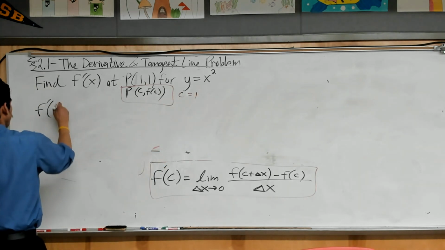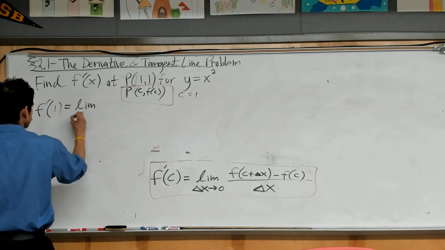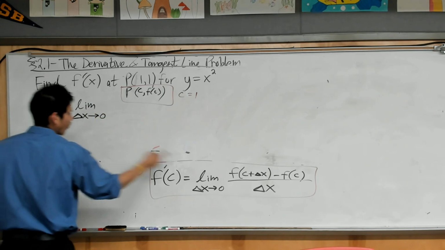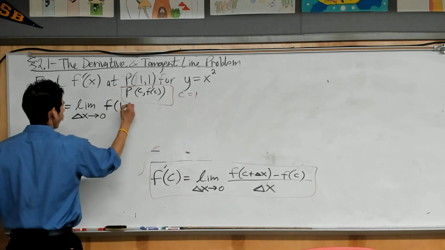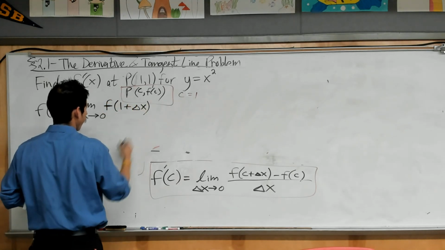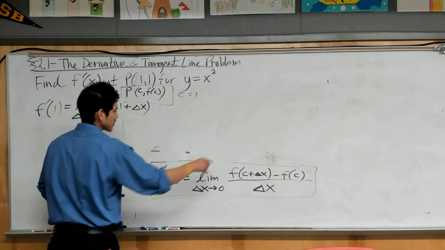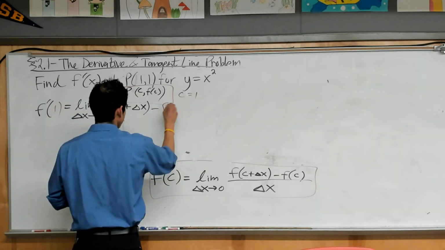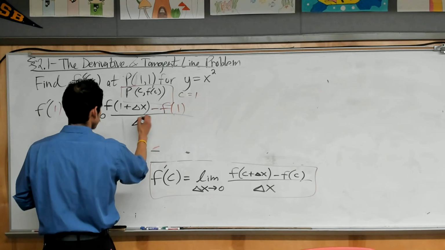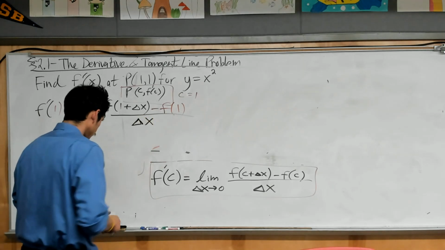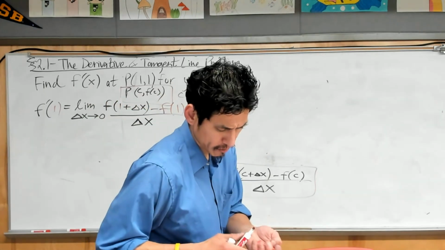So f prime of 1 is going to equal the limit as delta x goes to 0 of f of 1 plus delta x, that one in red, minus f of c, minus f of 1, all over delta x. Now, what do we do here? We do some math, that's what we do.